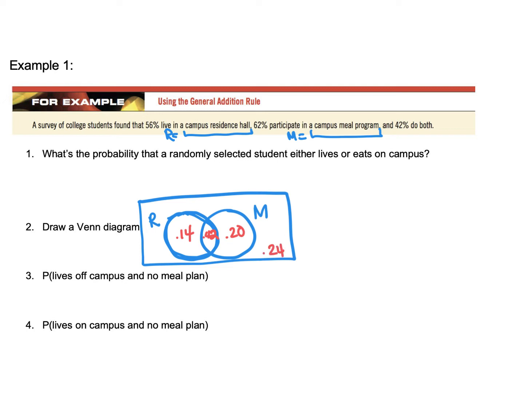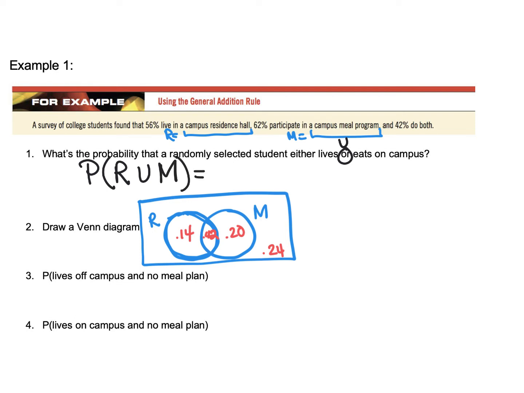All right. Now that I've done that, that's going to help me answer all my questions. What's the probability that a randomly selected student either lives or eats on campus? So let me show you proper notation, how you would write this out. So capital P, lives on campus, was capital R that I defined above, or is union, union eats on campus, meal plan.